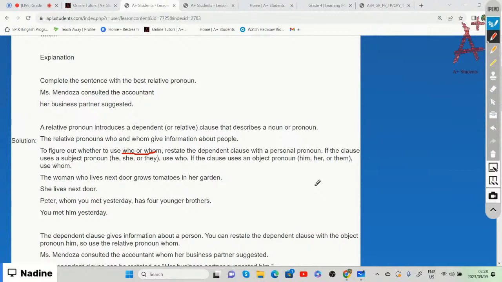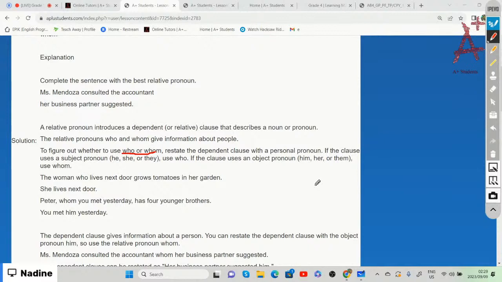Which means that if we use who, then the pronoun needs to be he, she, or they. And if the clause uses an object pronoun, him, her, or them, we use whom. All right.